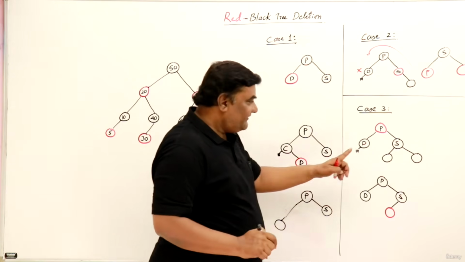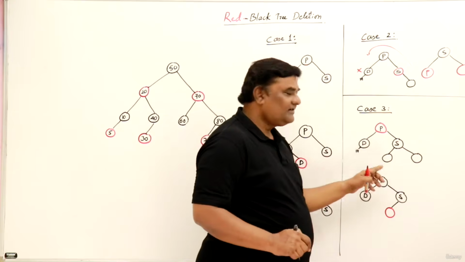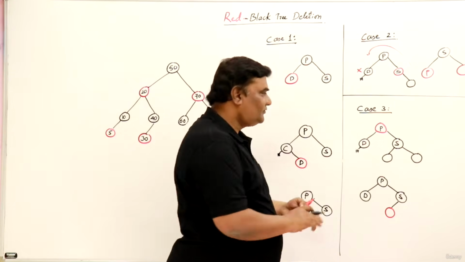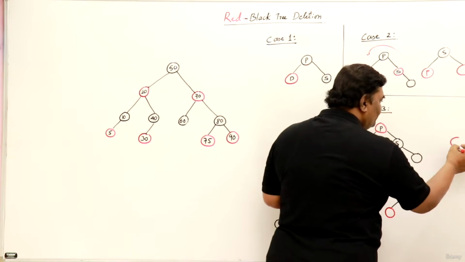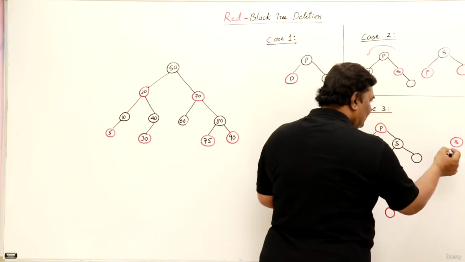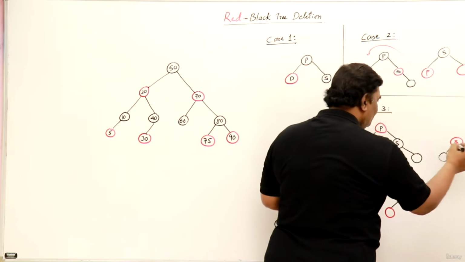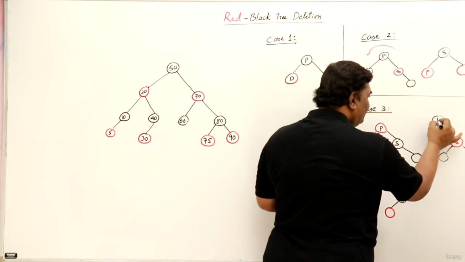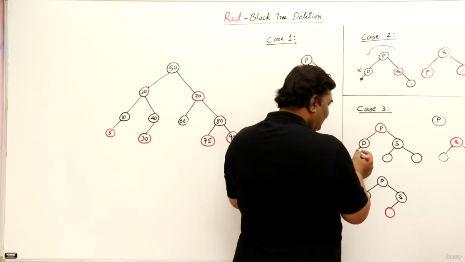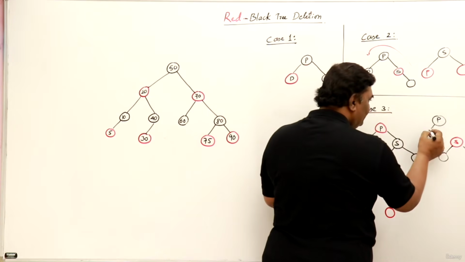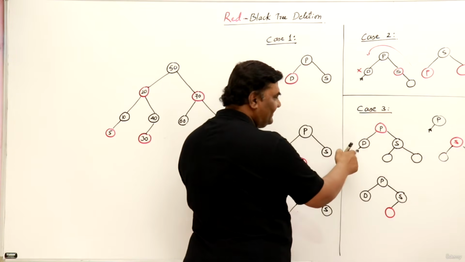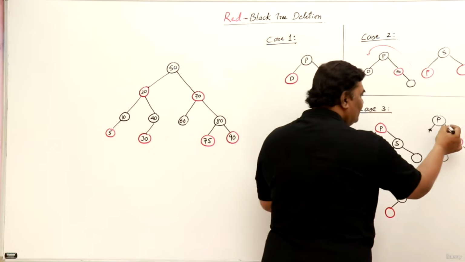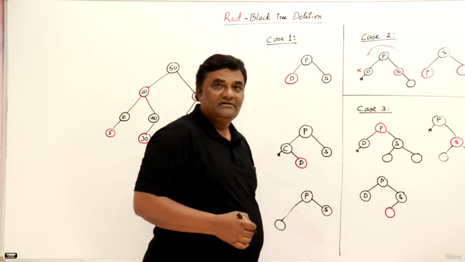If both the children are black, then simply change the color. So how to change the color? Sibling, you make it red, and let these children be black only, and make the parent black, right? And the deleted node has gone, and its child, that is null, has come here. This is how you change the colors.